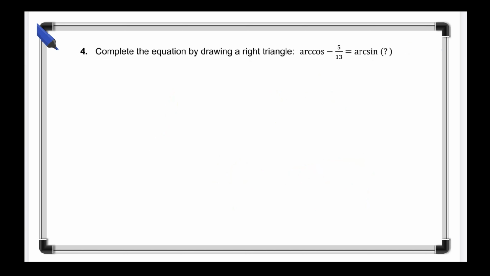Okay, in question number 4, again, we're looking at drawing a right triangle. So at the very beginning, we're going to start off. Arccosine is going to be in 1 and 2. And if I rewrite, I have the cosine of some angle is going to equal negative 5 over 13. So if cosine is my x, I know that cosine is negative in quadrant number 2.